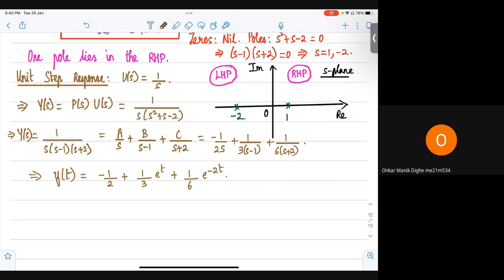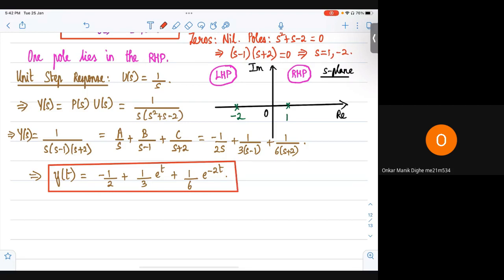All right. So we can observe that this is going to be the unit step response, the response function or the output function corresponding to a unit step input. Okay, so this is what we will have. So even here we can make the same observations, right? The poles, if you recall, were at 1 and minus 2. So we can observe that the exponents are appearing as 1 and minus 2.